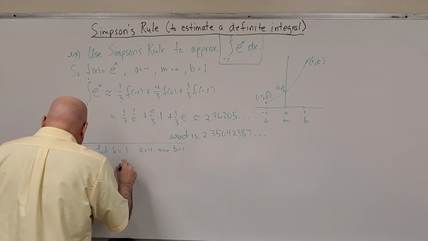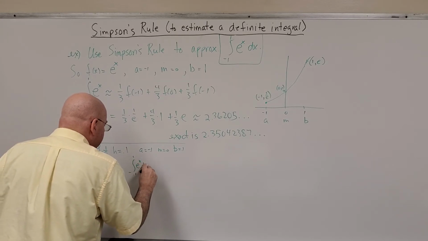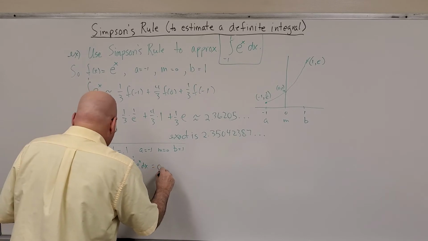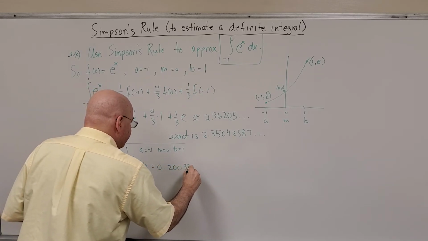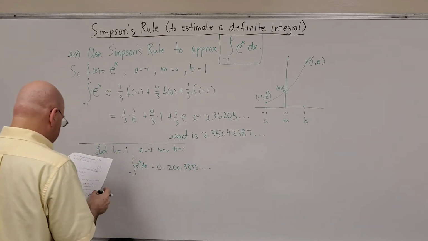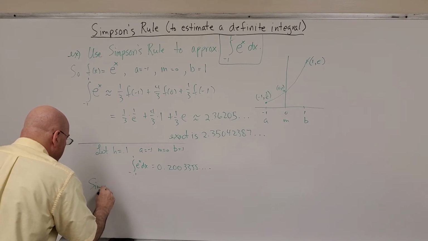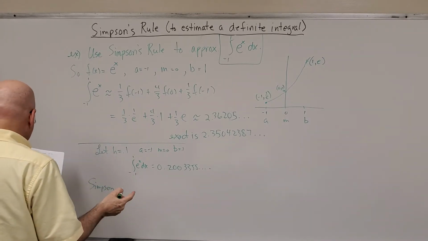Let's see. The exact integral from -0.1 to 0.1 of e to the x dx is 0.2003355... Simpson gives an approximation.